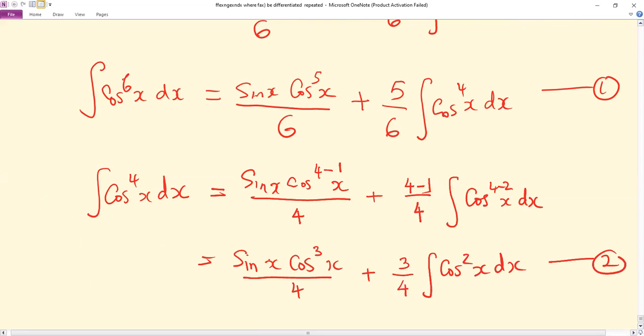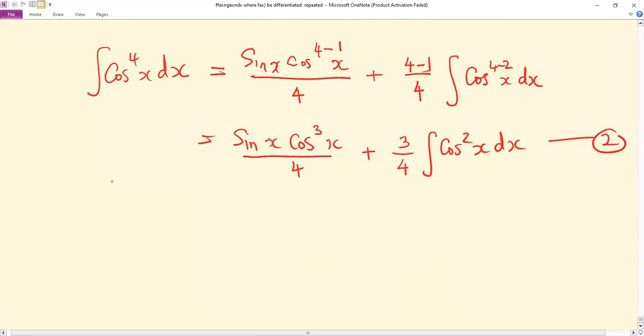So before we replace 2 in 1, let's also evaluate this one.